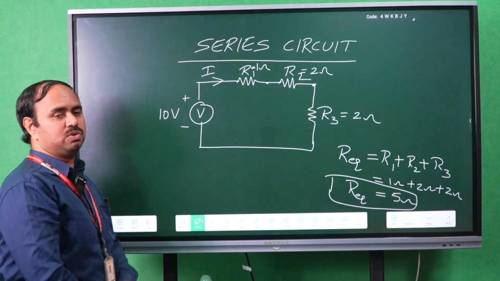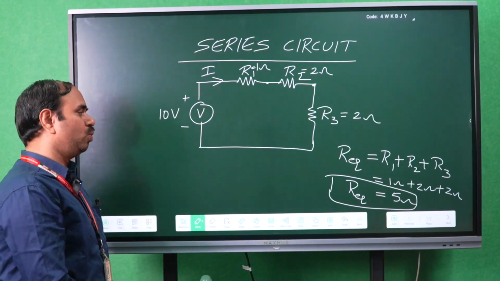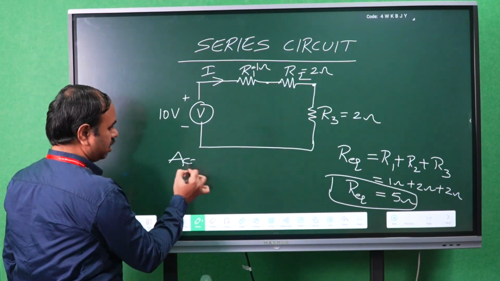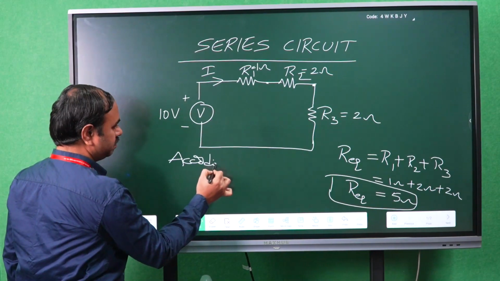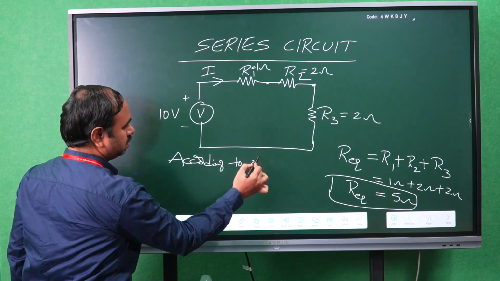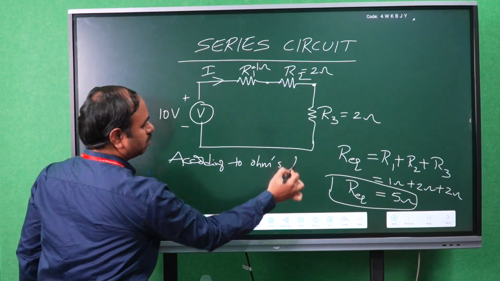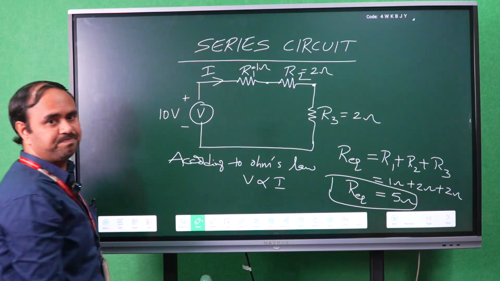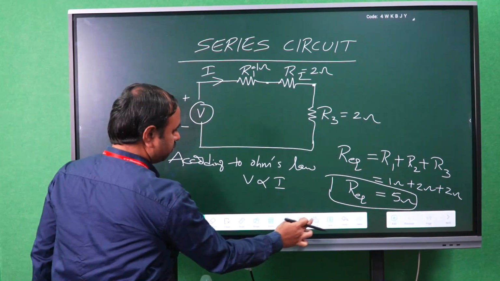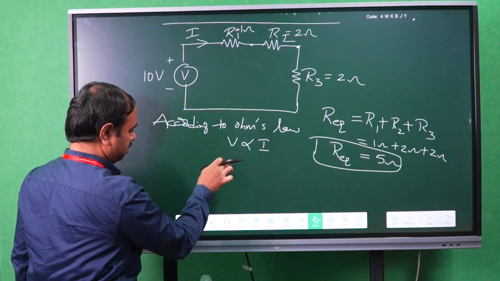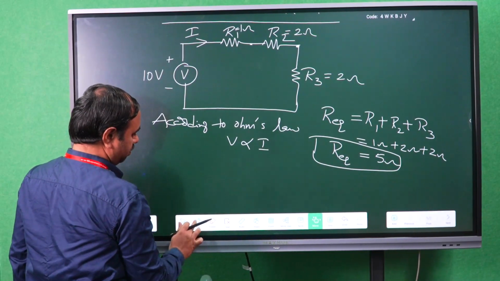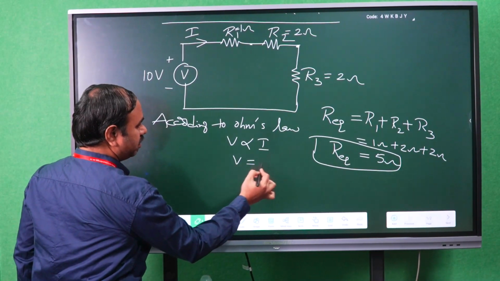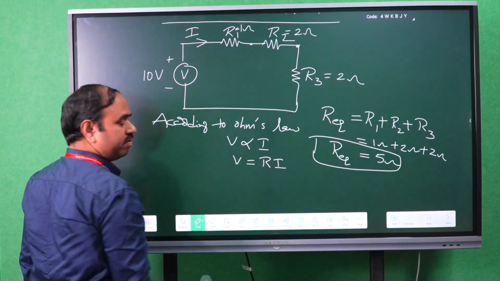And we know the voltage source is 10 volts. So according to Ohm's law, the relation between voltage and current is V is directly proportional to I. So from this, V is equal to IR.